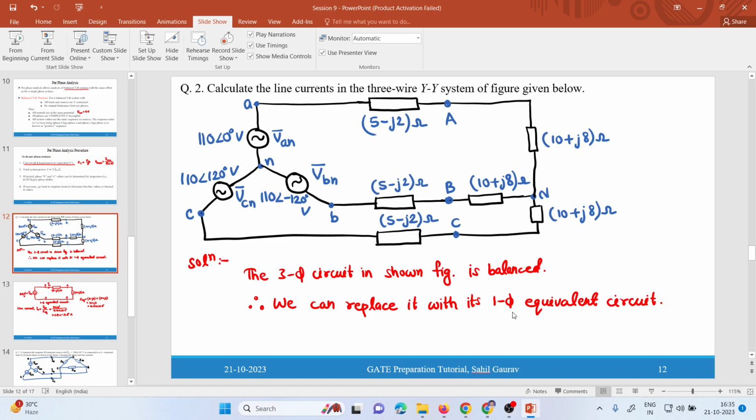And for power, if the problem says 400 watt power is given, you have to assume three phase power. If they deliberately write that this is single phase power, then you assume that. Otherwise, if nothing is mentioned, always remember: voltage is line to line voltage, power is three phase power, and impedance is always given per phase.